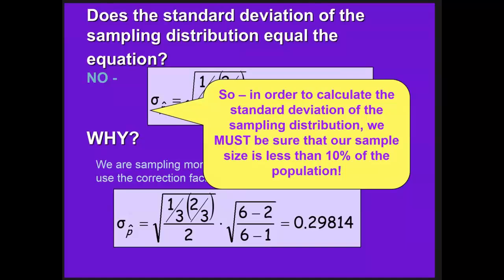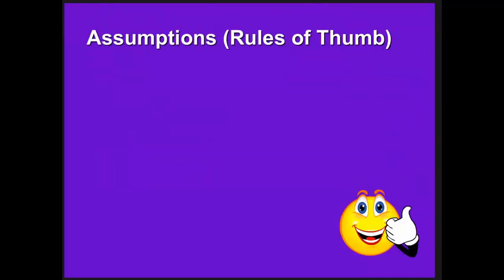But it does bring up another assumption that we need to double check when we talk about population. In order for our sample size to be large enough to do this sort of analysis, we need to make sure that our sample is less than 10% of the population. If it's less than 10%, then we don't violate this correction rule. Okay, so to sum up the assumptions, and then we'll jump into some examples.